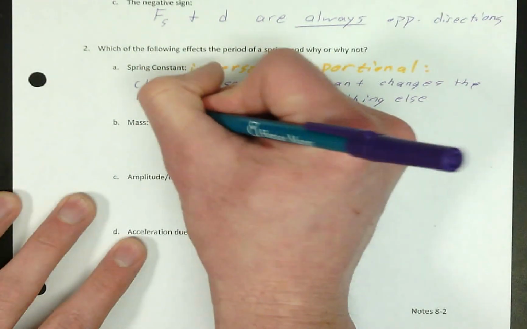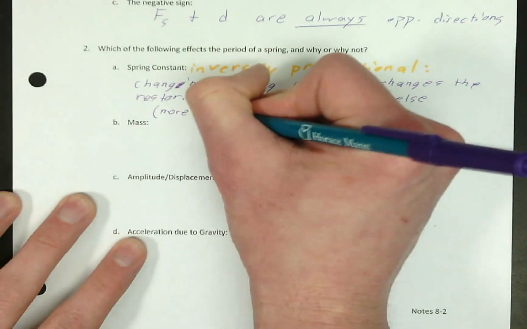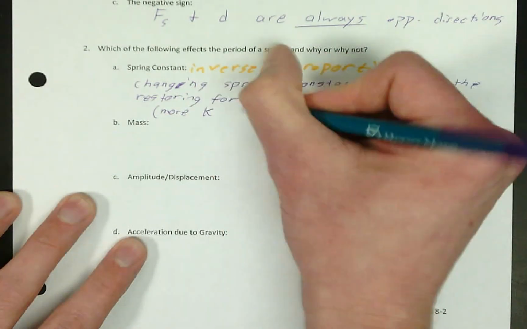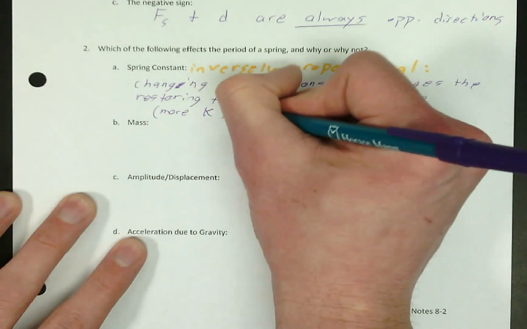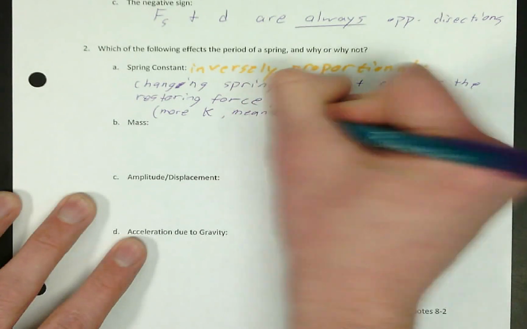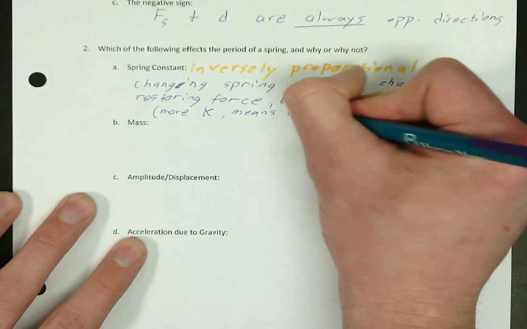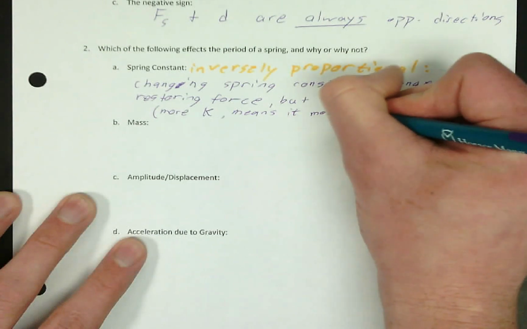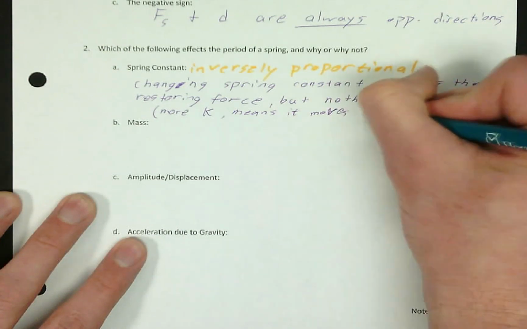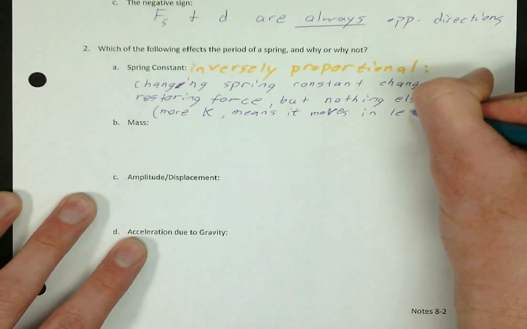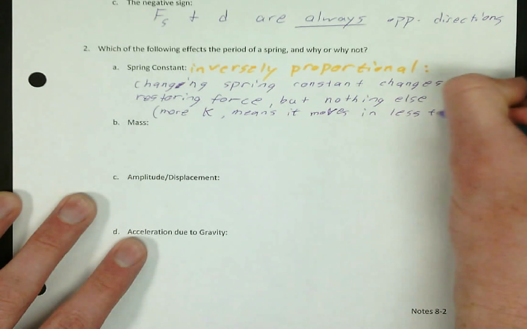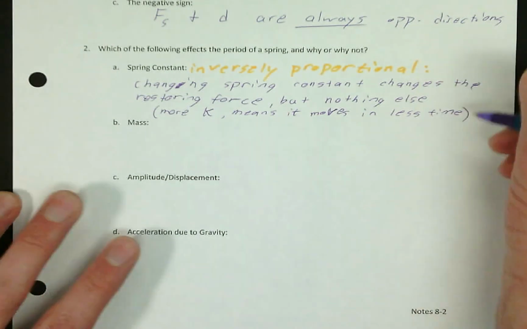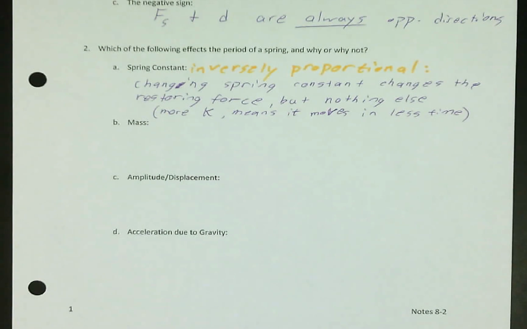So in other words, more spring constant, more k, means it moves in less time. That's why the period goes down. If you make k larger, then the other thing goes down. And that's why it's inversely proportional.